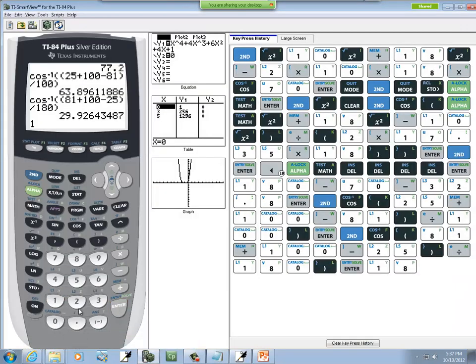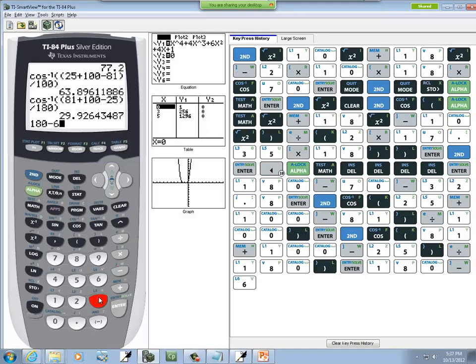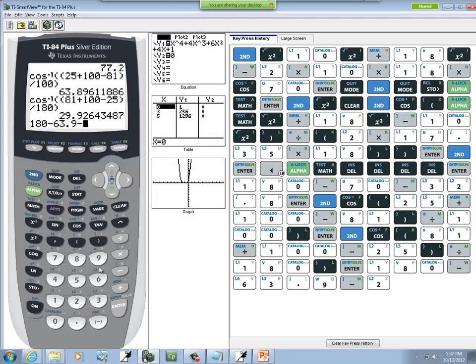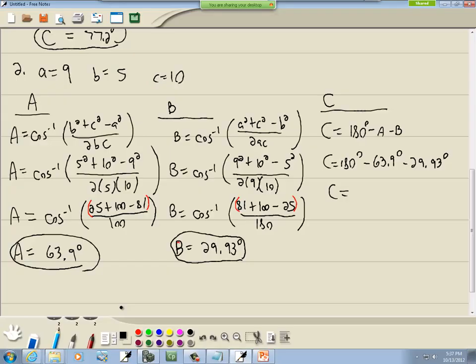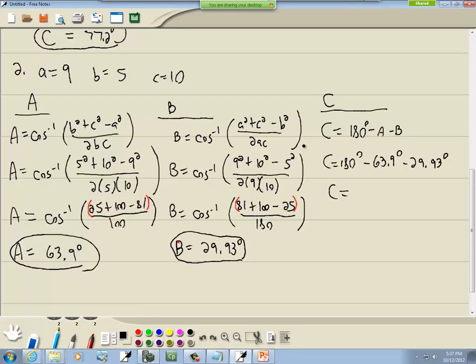So I've got 180 minus 63.9 minus 29.93, and then enter. And we get 86.17 degrees.